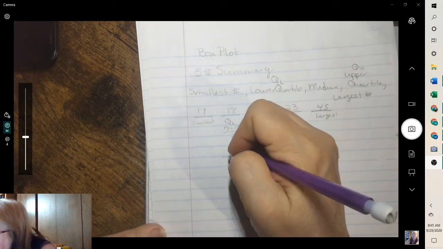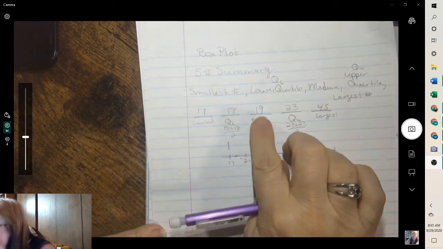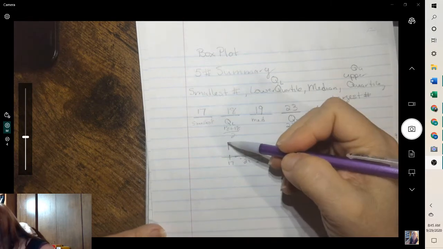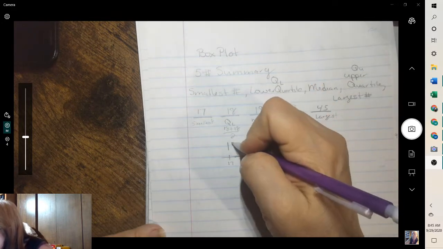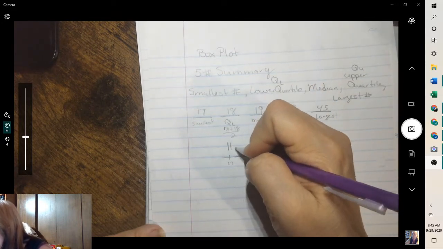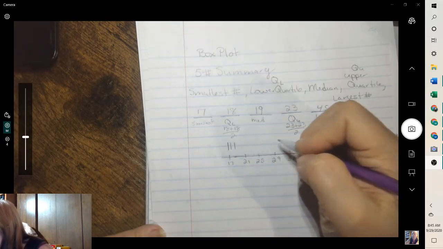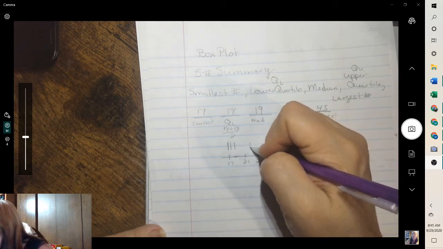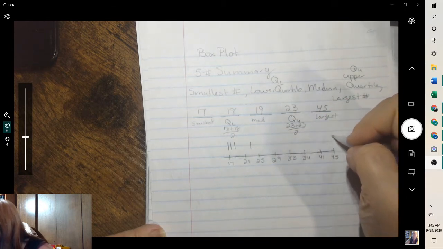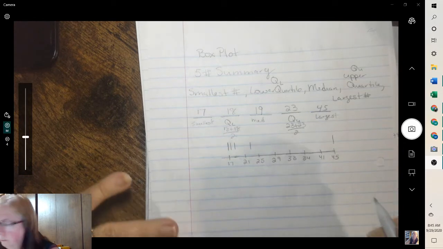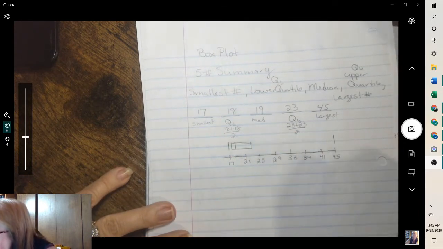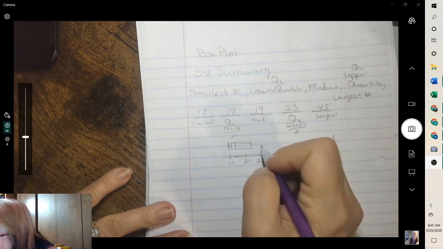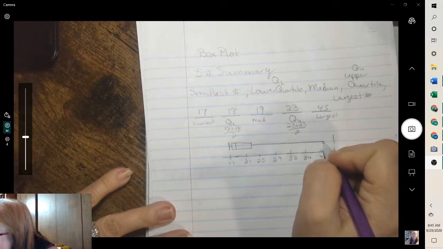Each one of these values, you draw a vertical line. 18, 19, 23, and 45. You get a box for the middle 3 and then a whisker for the others.